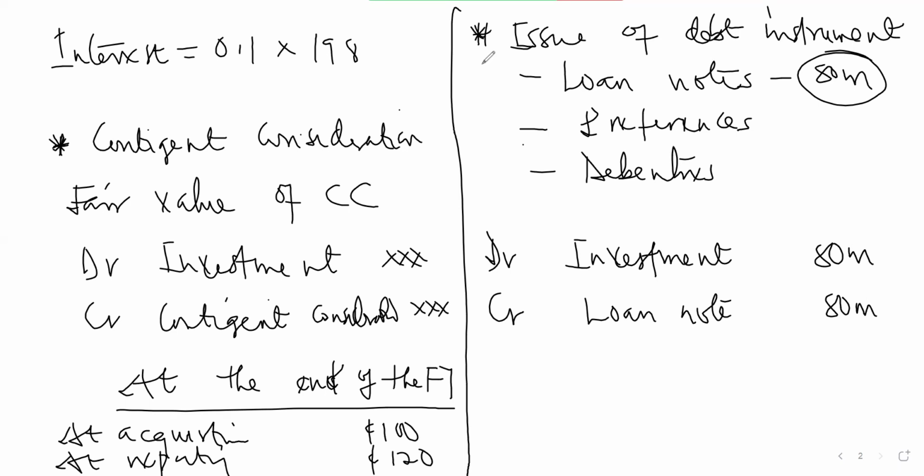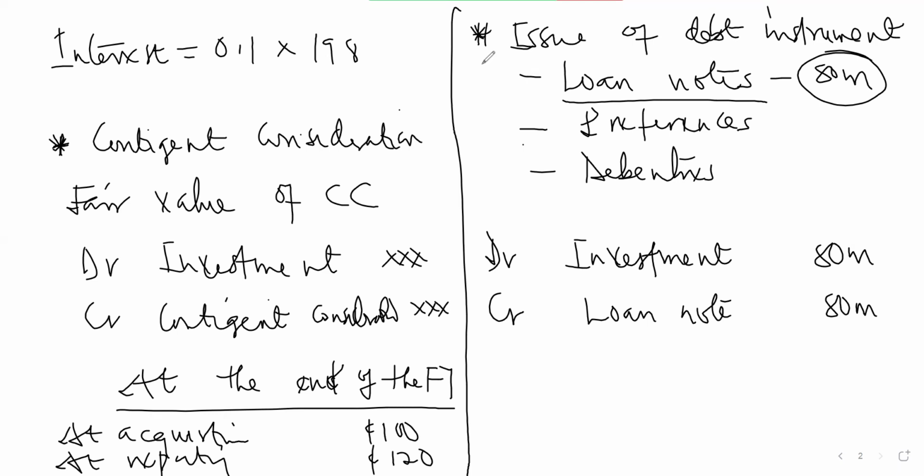Okay, what if there is an issuing cost? What if there is an issuing cost, transaction cost, professional cost, any other cost associated with the issuing of the loan note? It will be treated in line with IFRS 9. So if it has been issued at a discount, you know how to go about it. And the question will give you the effective interest rate.